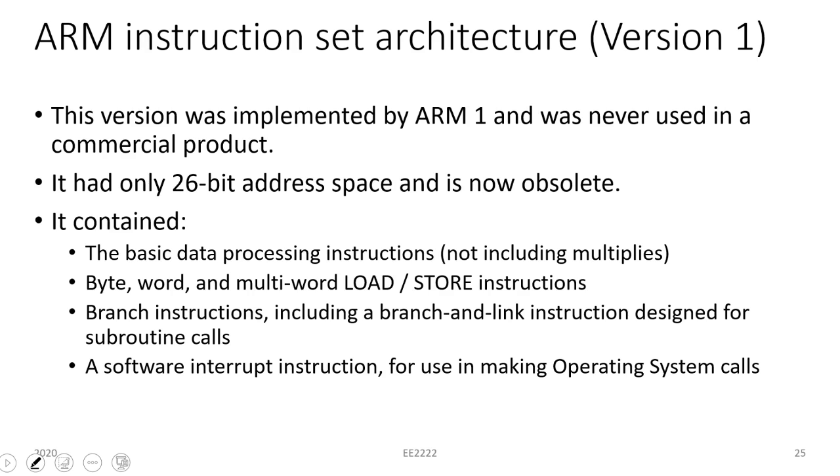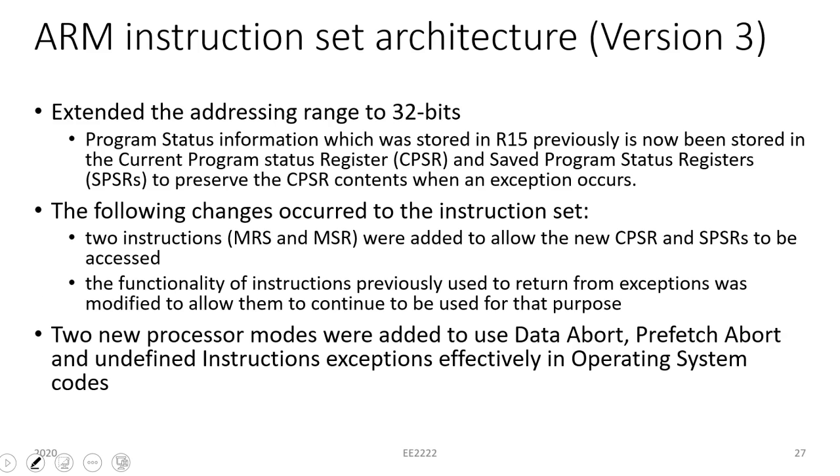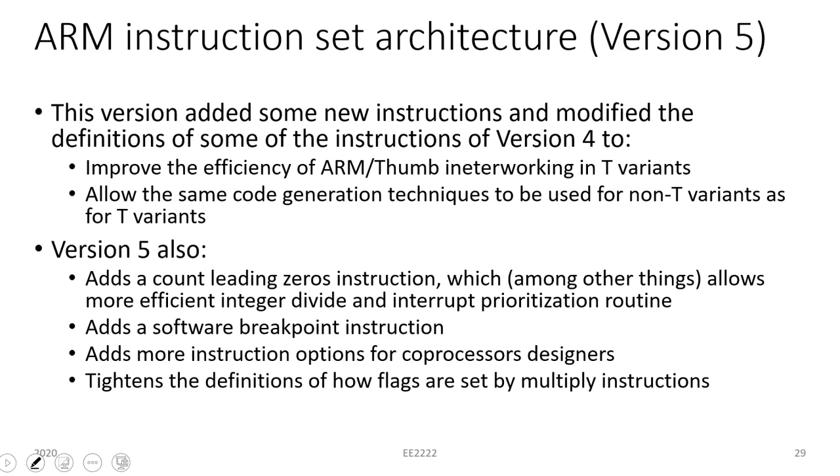And there are improvements in the address space. For example, they started with the lower and extended to 32-bit operations, and then they started adding various additional instructions, Thumb instructions and things like that, that came about later on.